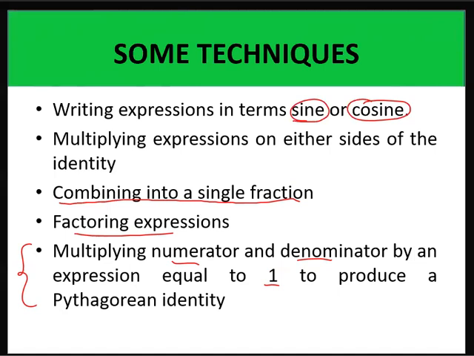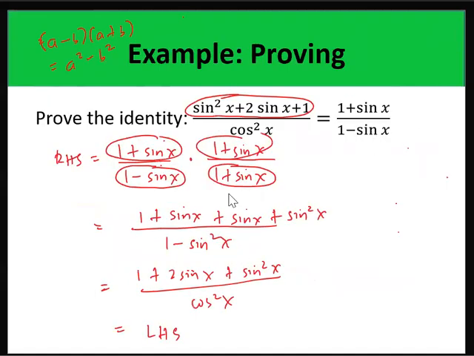So if you notice in the last example, we multiplied both the numerator and denominator by the same thing. But this one is actually equivalent to 1.